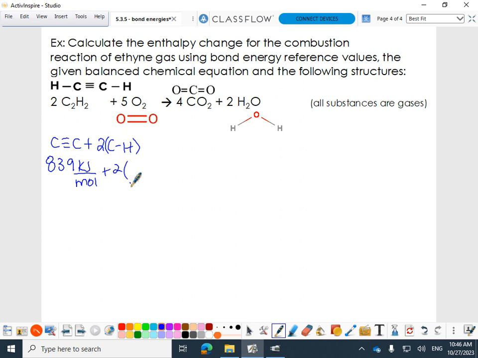C-H is 413 times 2, because there are 2 of them. You can even do it like this.